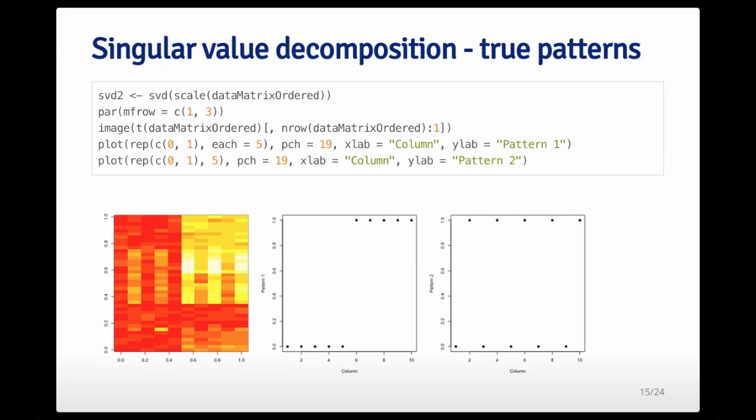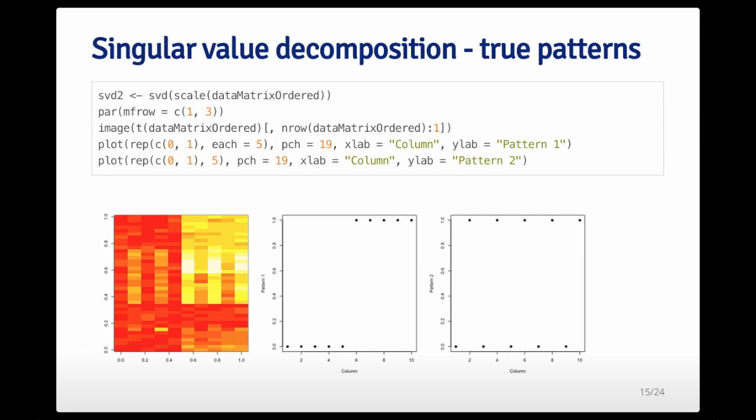On the left-hand side is the data, and you can see that there's one pattern that's a block pattern. So the left 5 columns are low, and the right 5 columns are higher. And nested within that is a pattern that's every other column, where one is higher than the other.